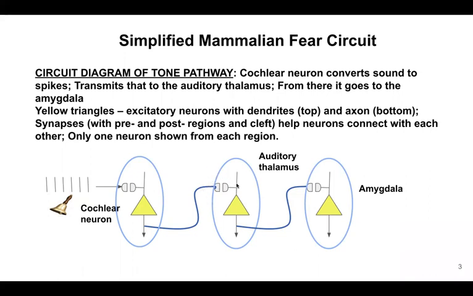And that travels from this dendrite to this cell body to the axon that comes off this neuron, which then goes to the amygdala and goes to the dendrite here in the lateral amygdala of this neuron. So each of these three neurons have dendrites, cell bodies, and then axons.